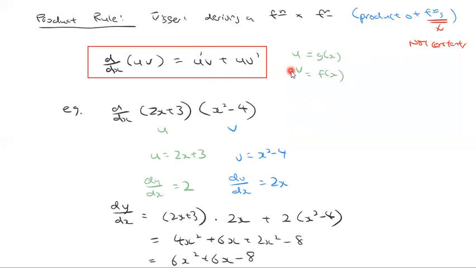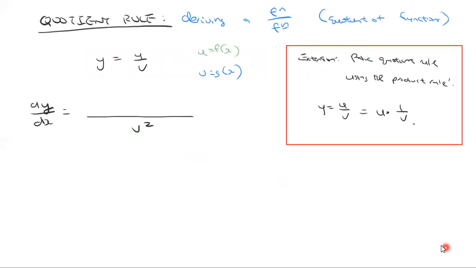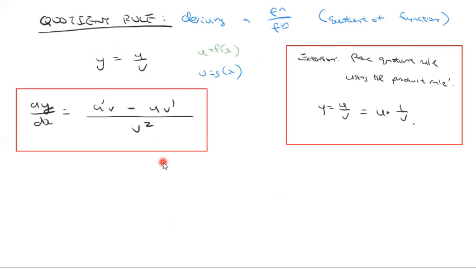Product rule, we don't care. It's plus, doesn't matter which one you do first. Quotient rule, it matters. So remember, you must derive the numerator first, u dash, times the denominator, minus derive the denominator times the numerator. And that is your quotient rule.